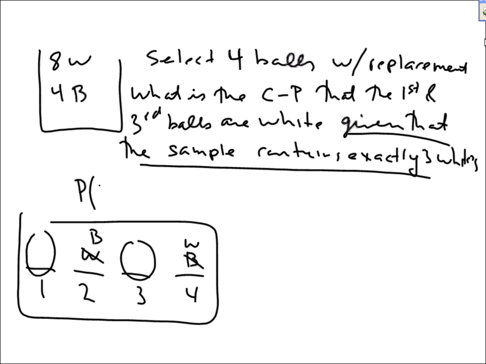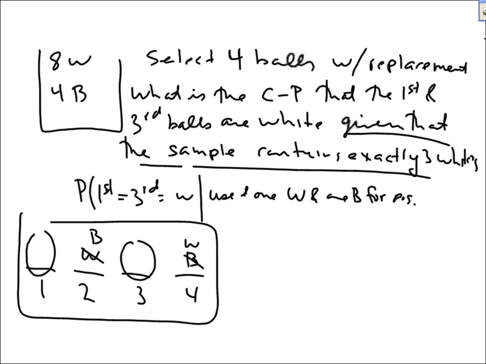The probability that the first equals the third equals white, given that we used one white and one black for positions 2 and 4. Okay, we've used a white and a black.